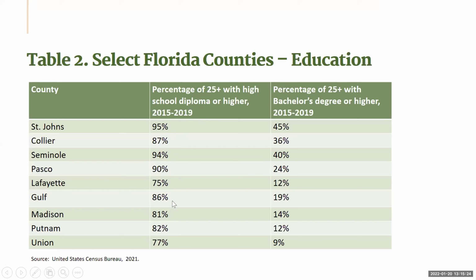In the mid-range counties, the range is from 75 to 90%, and in the bottom 3 counties, from 77 to 82%. But here's where you start to see the significant differences: the percentage of those 25 and older with a bachelor's degree or higher. In Union, it's 9%, and in St. Johns County, it's 45%. So there are significant differences between the highest ranked and the lowest ranked county with regard to education.